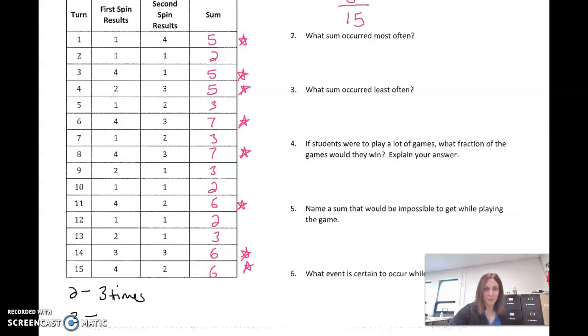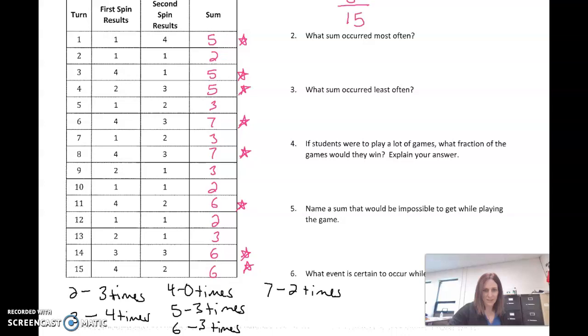How many times did 3 happen? 4 times. And 4, surprisingly, never happened. And 5, 3 times. And 6, right at the end here, 3 times. And 7, 2 times. And 8 occurred 0 times.